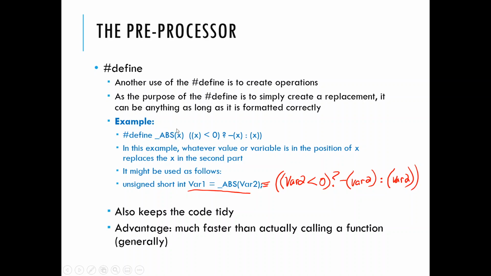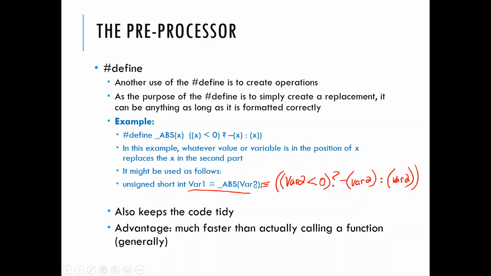So this line right here will be var1 is equal to var2 is less than 0, question mark, minus var2, colon, var2. It is going to plug in var2 everywhere I had an x before.